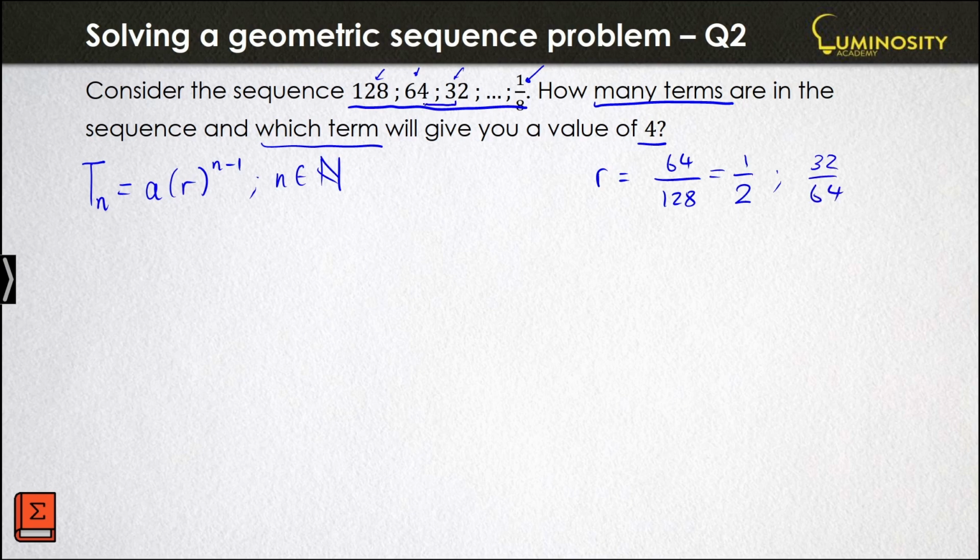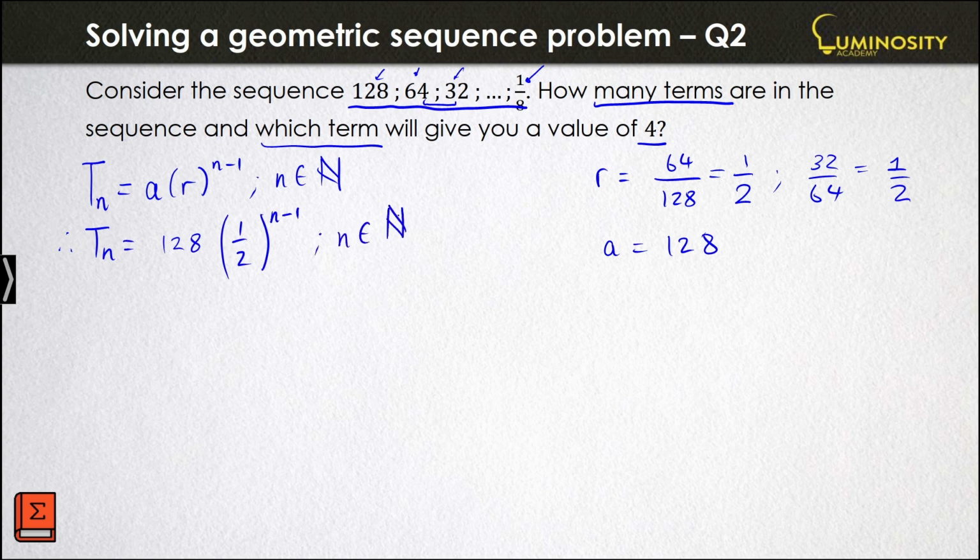That's t3 divided by t2. That's also a half. So we can suspect here that the constant ratio r is a half, and the first term is given as 128. So let's rewrite that. T sub n is equal to 128 times a half raised to the power n minus 1, where n is a natural number. So that is the general term of this geometric sequence.